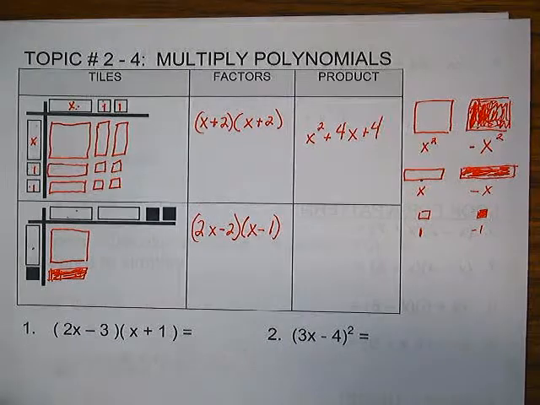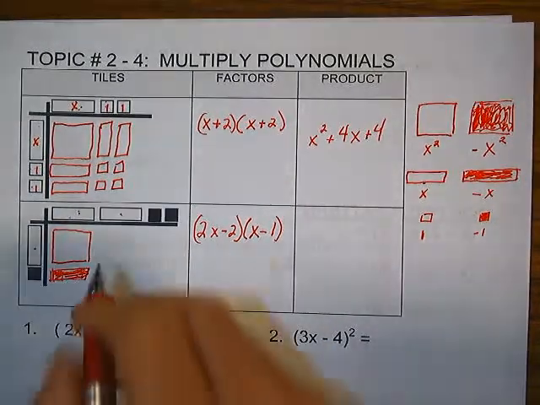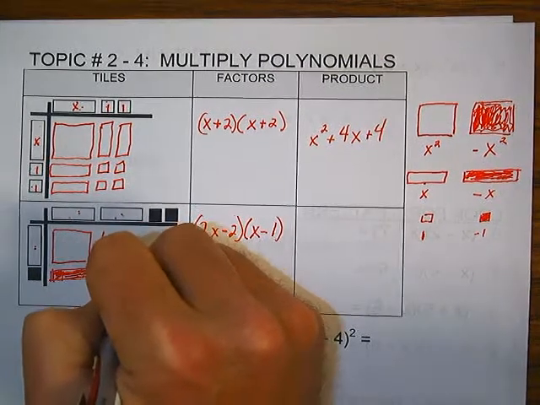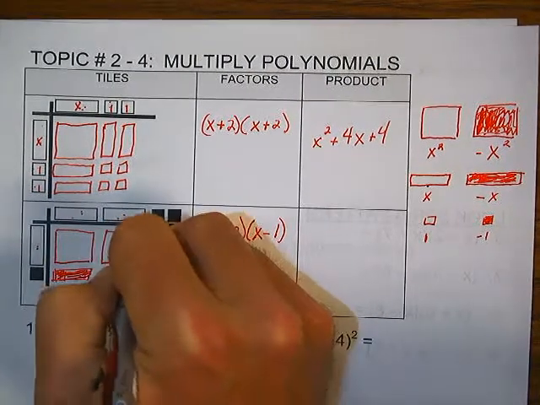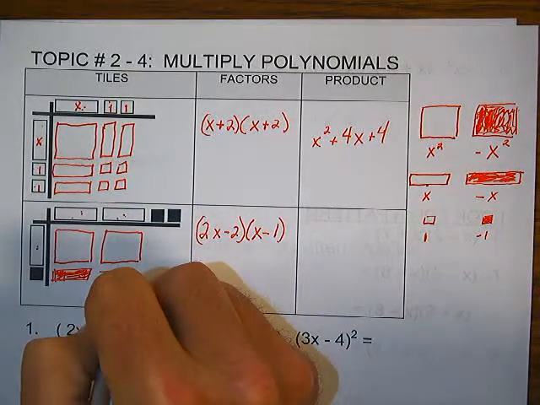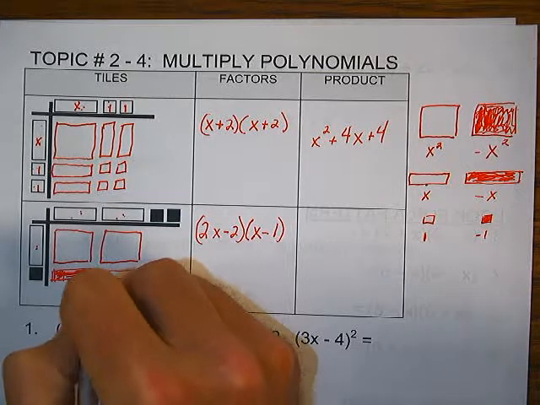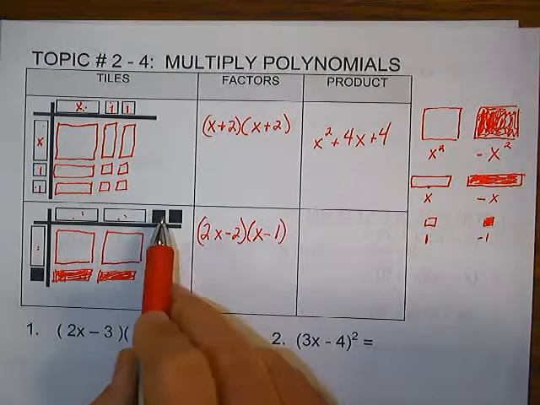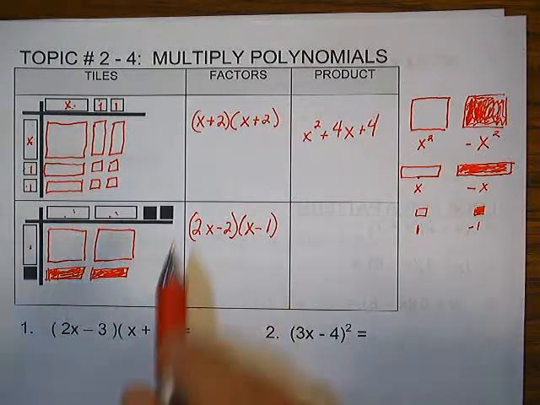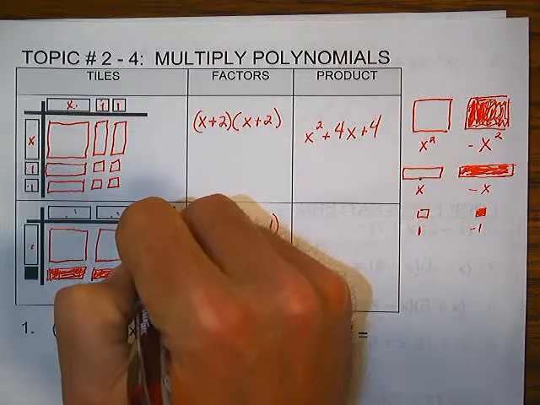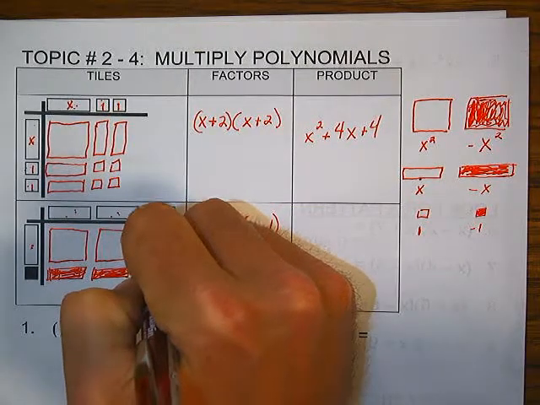Finish with this one. Go to the next one. x times x is x squared. x times negative 1 is negative x. Then we go over to the negative 1 once we have everything filled in. Negative 1 times x is negative x.